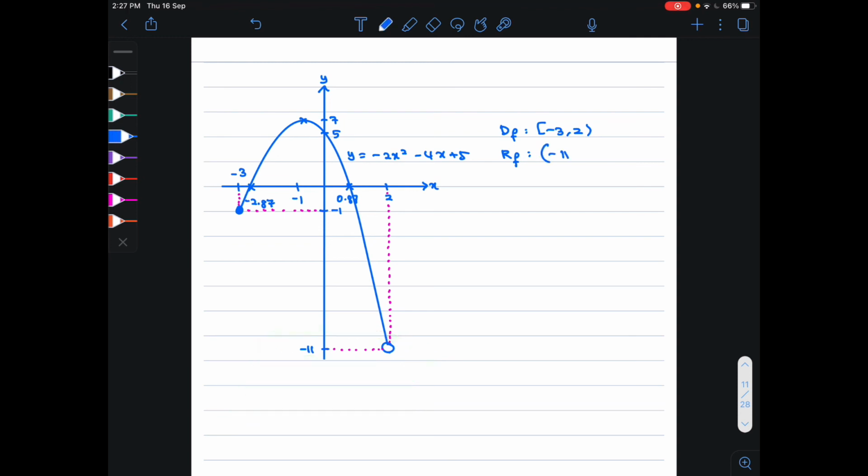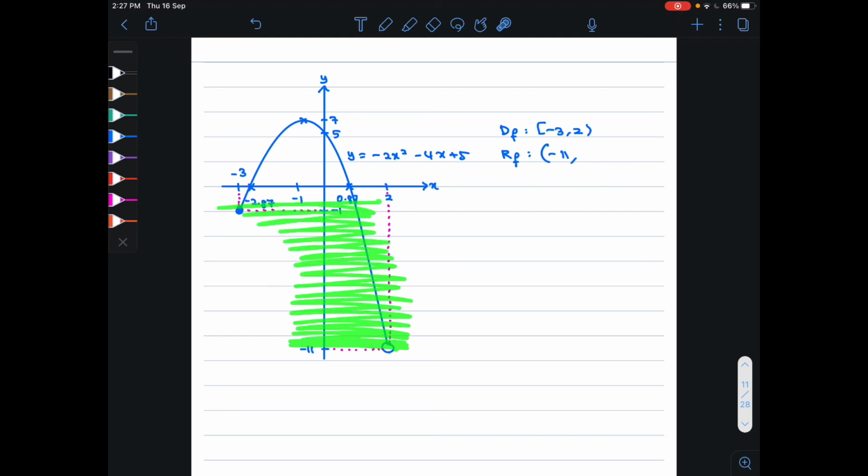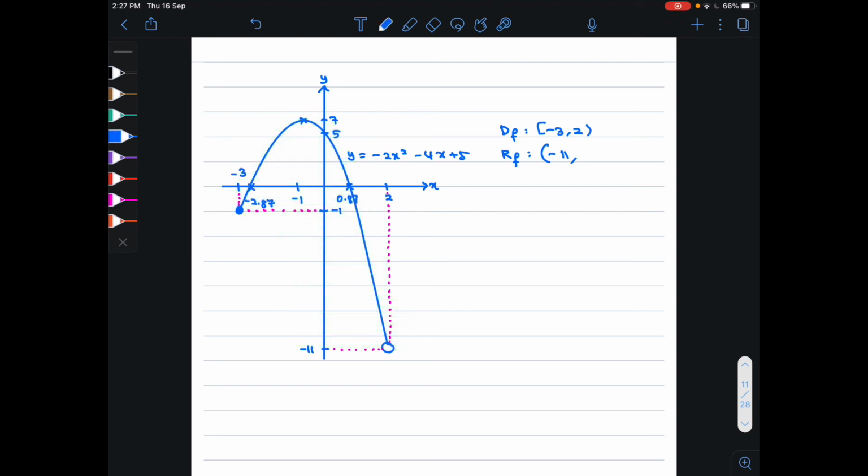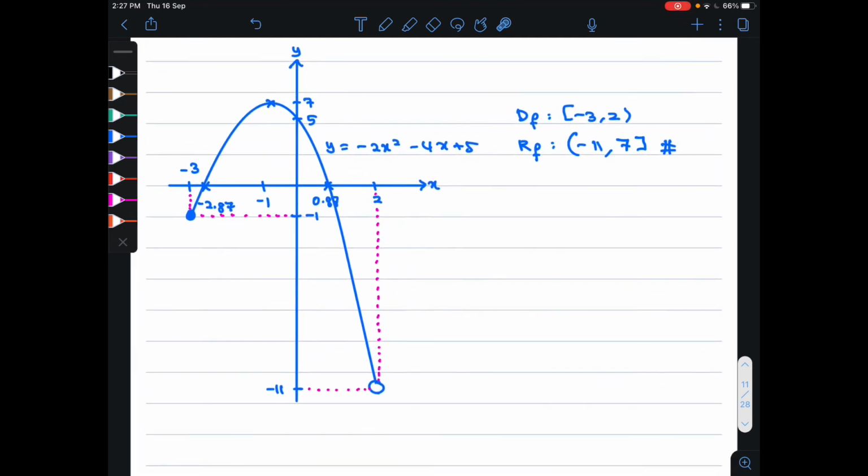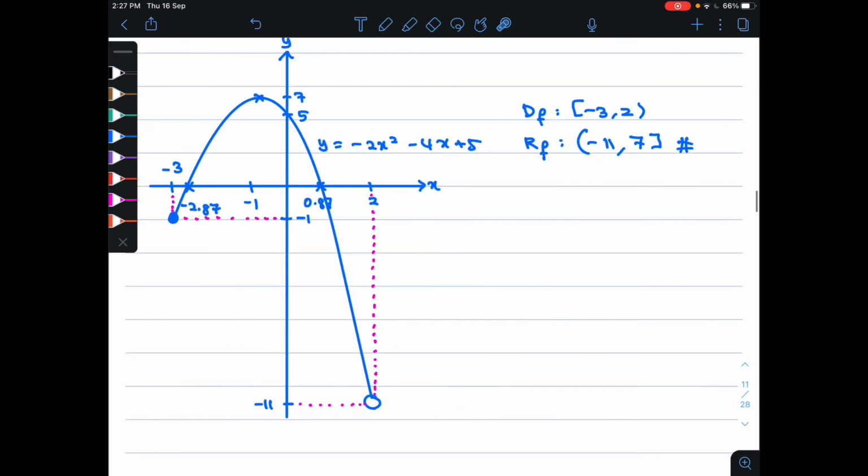And it will use open bracket because this is empty circle. So, graf kita start dari sini. Dia naik, ada graf, sampailah y equal to 7 only. Kat sini kita akan letak close bracket because our graph touches y equal to 7. Kat atas ni dah tak ada graph dah. So this is how we find the domain and range for this question.